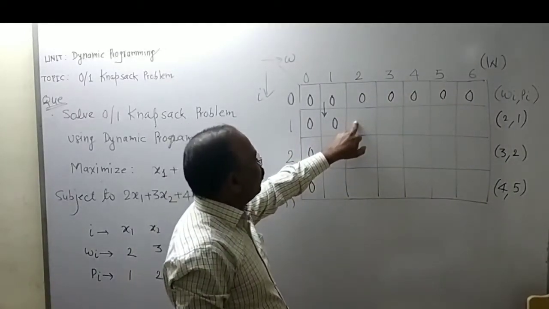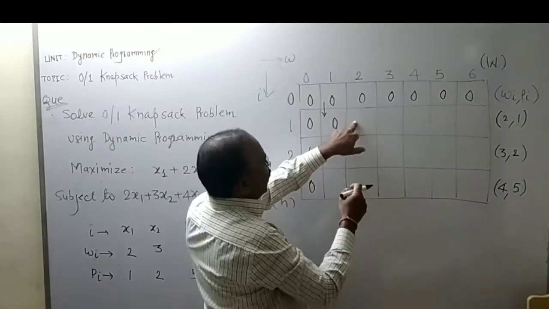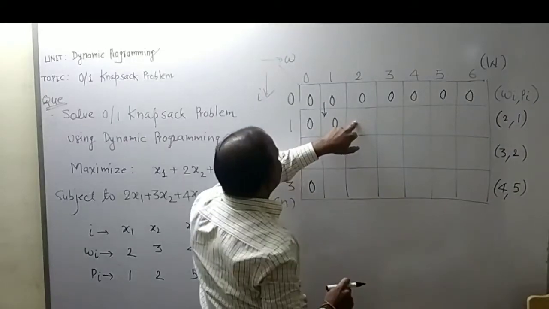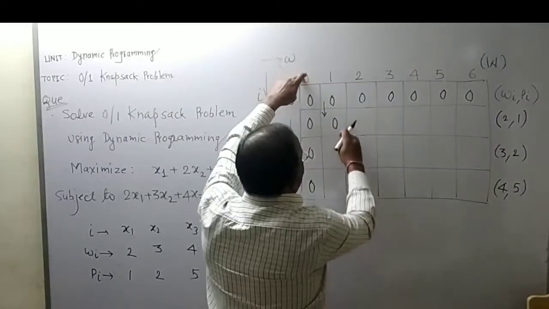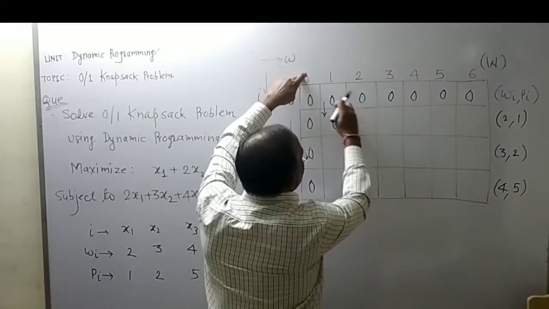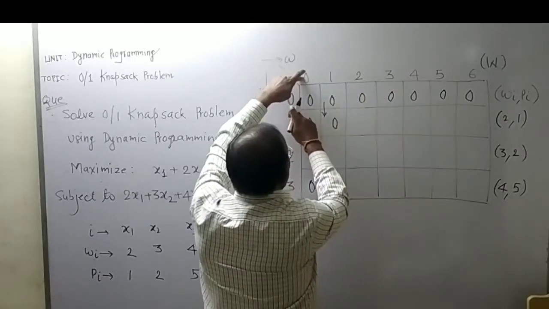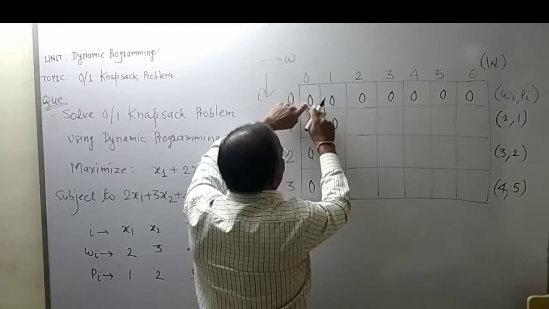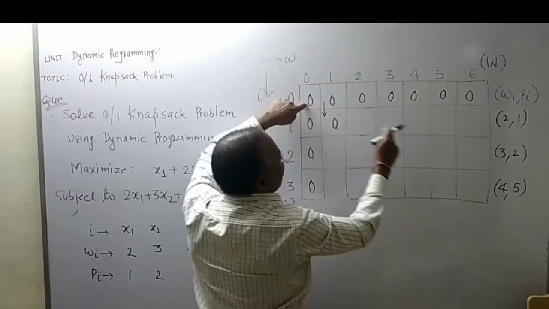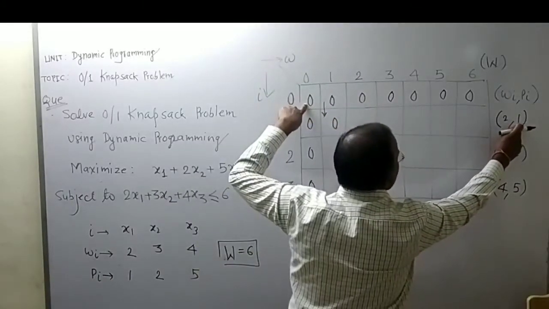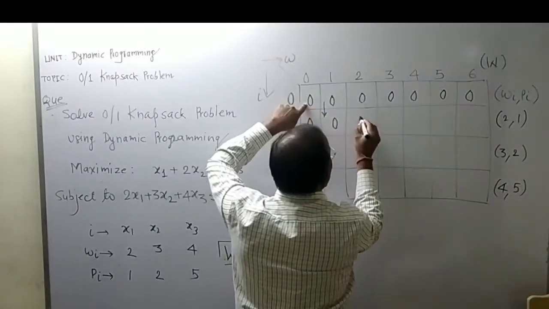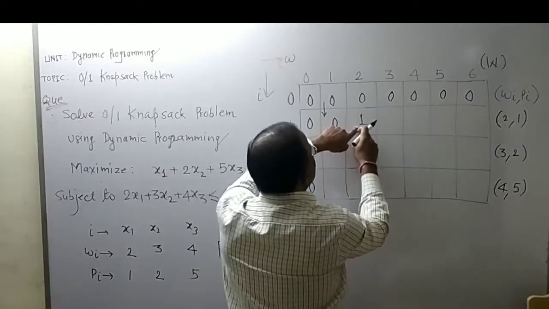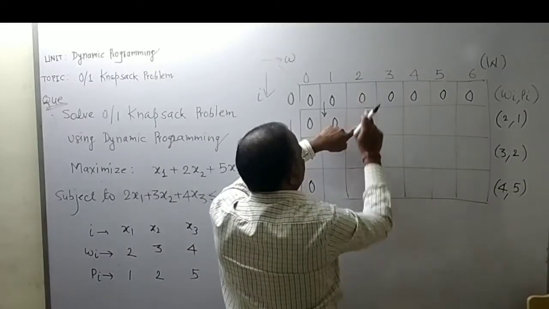That's why we find another column using 2 minus 2, that is 0, and we refer to the previous row, the 0th row and 0th column, where we get the value 0, and add the profit 1 with 0, you will get 1. Before putting the 1, check that it should be greater than the upper value.